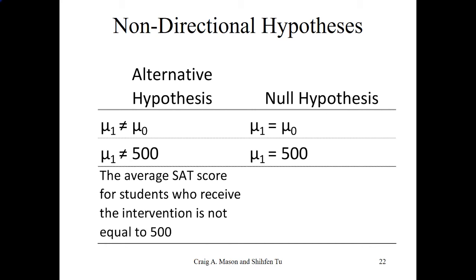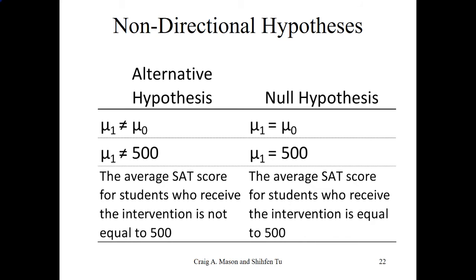While in English, the null hypothesis would be the average SAT score for students who receive the intervention is equal to 500. With non-directional or two-tailed hypotheses, we reject the null hypothesis as long as the difference is sufficiently large in either direction.